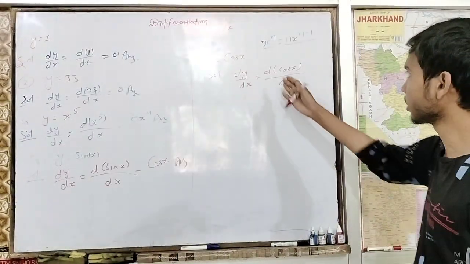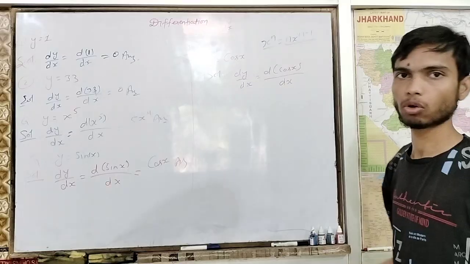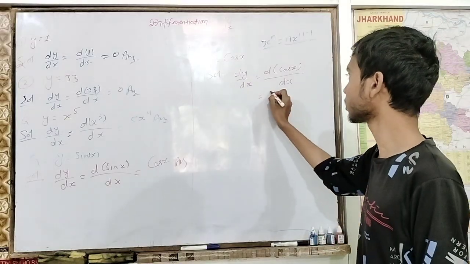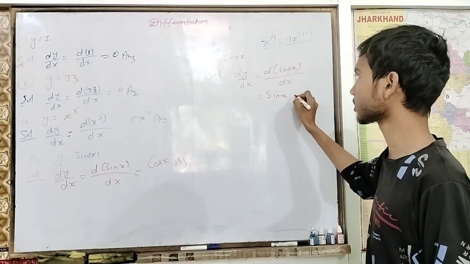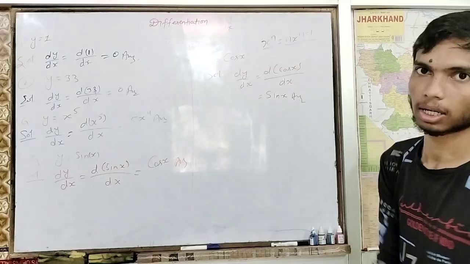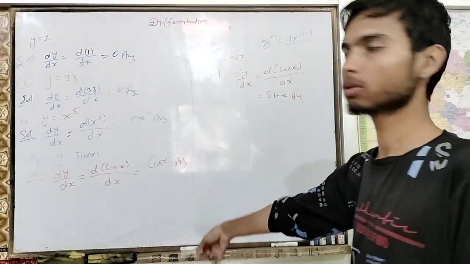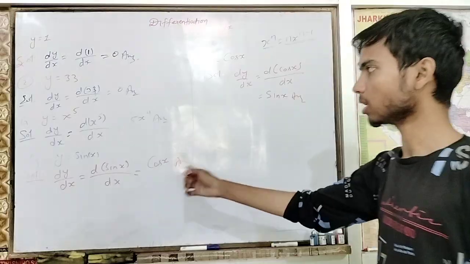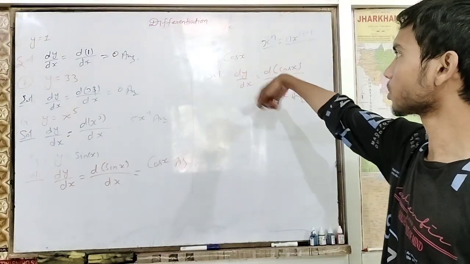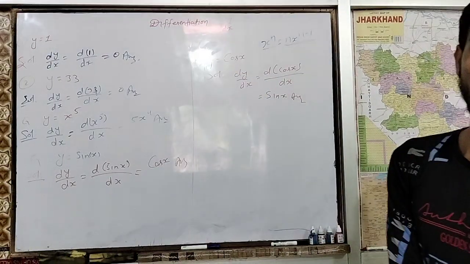So here we are saying that differentiation of cos x is always just the opposite of this: minus sin x. Okay? This is your result. Differentiation of sin x would be cos x, just the opposite. Reverse. Differentiation of cos x will give you minus sin x.